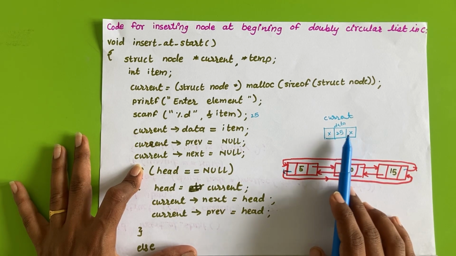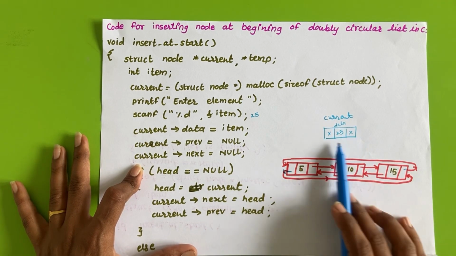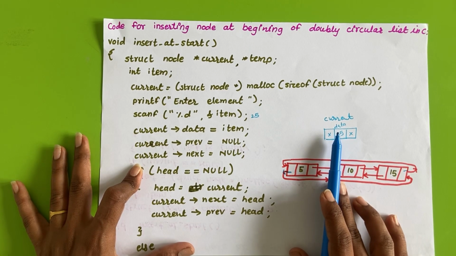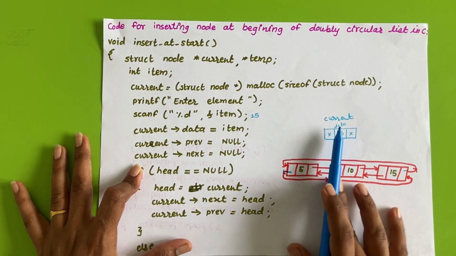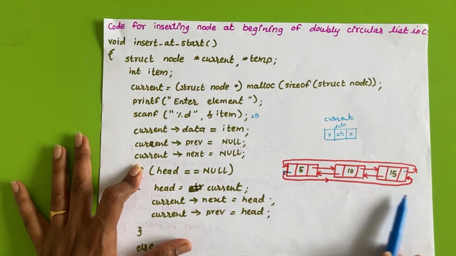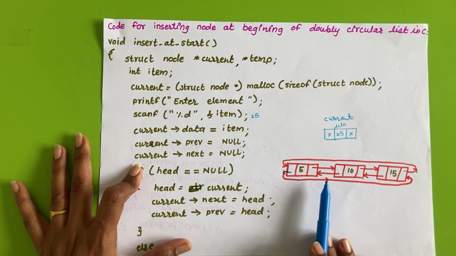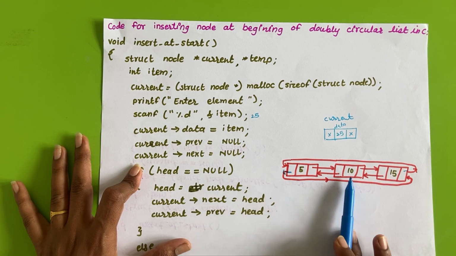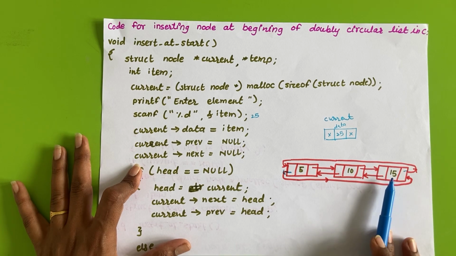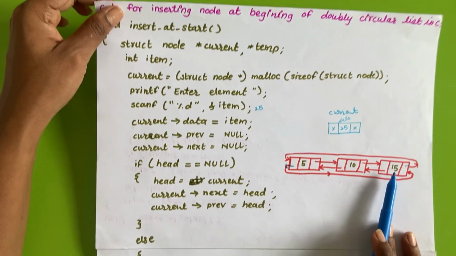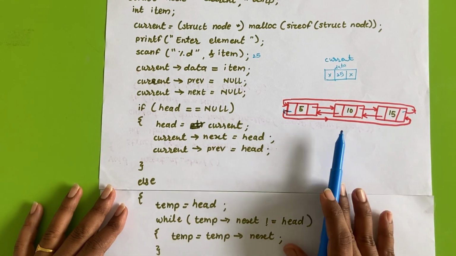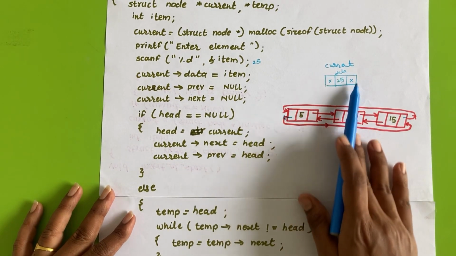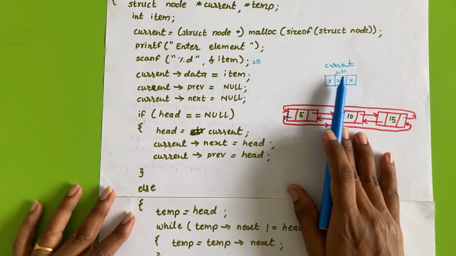Okay, so now we have created this single node, and now we have to attach this node to the existing linked list. But for that purpose we don't know how many nodes are present in the linked list. Okay, so first we have to check whether the linked list is present or not. If not present, then the inserted node will act as the head node.